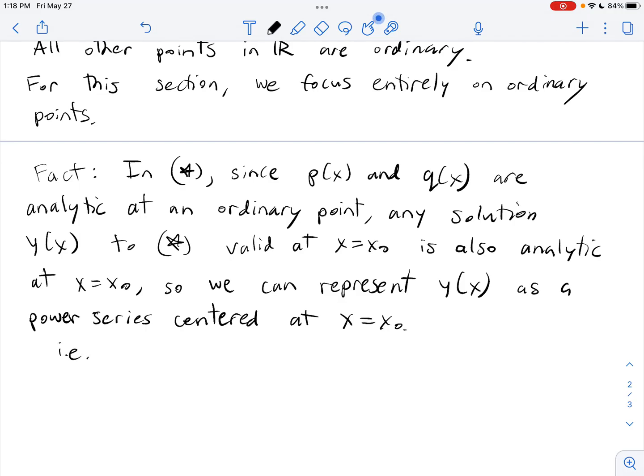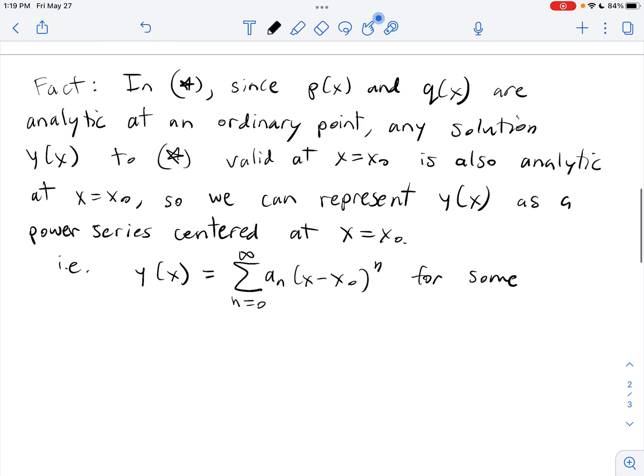So, i.e., what does this mean? This means that y of x will equal this series for some constants a n. Okay.